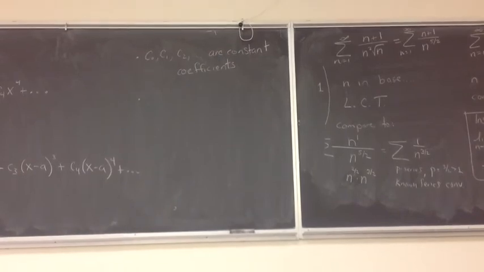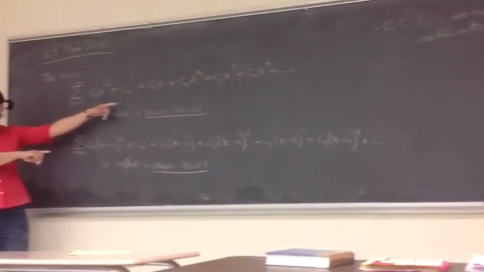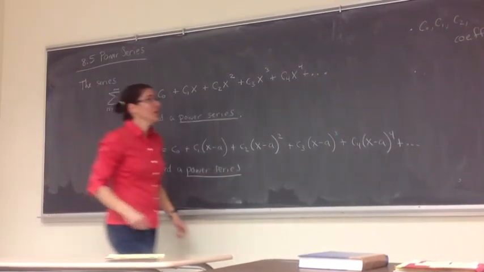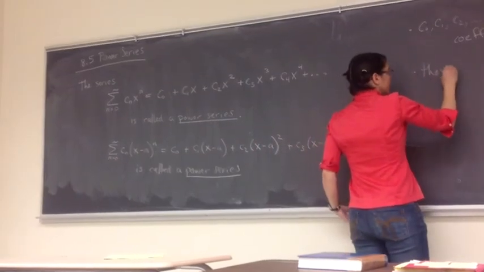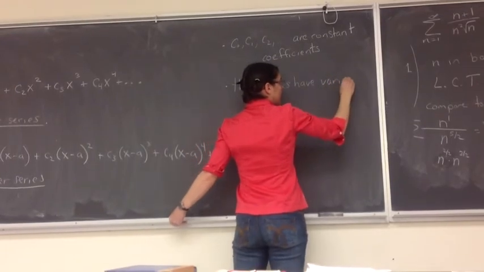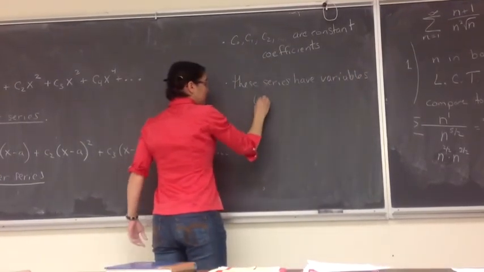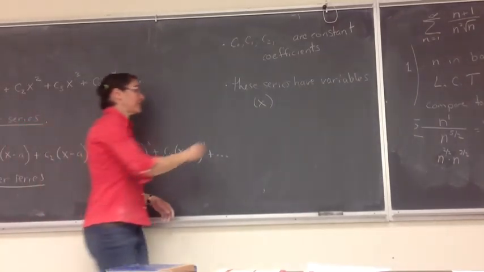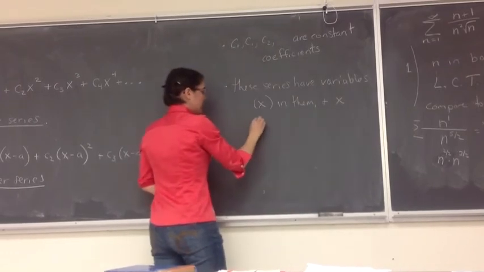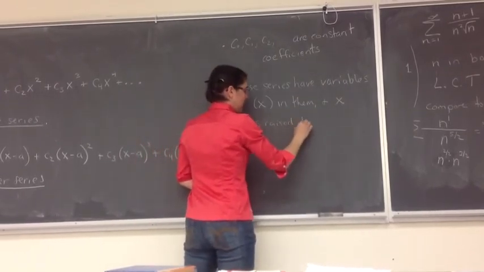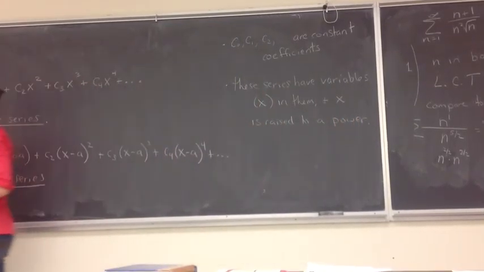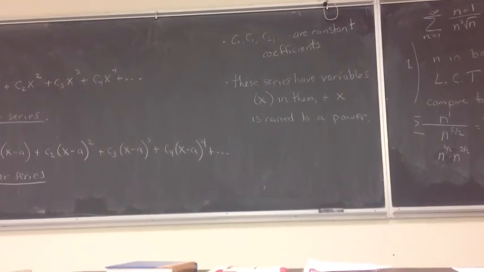And the thing that's different about this series than all of the other series that we've been looking at is that these series have variables in them, meaning the x in them, and the x is raised to a power. That's why these are called power series. The variable that's part of our series is raised to a power.